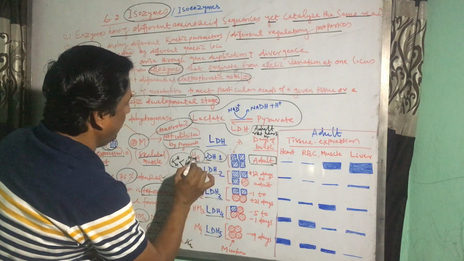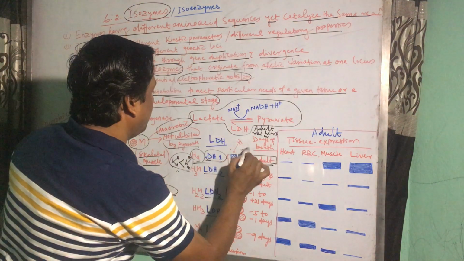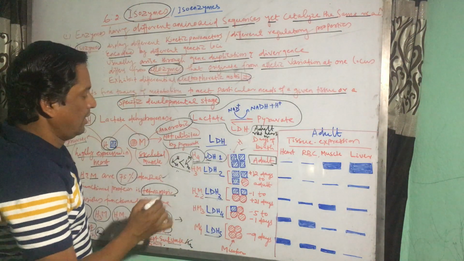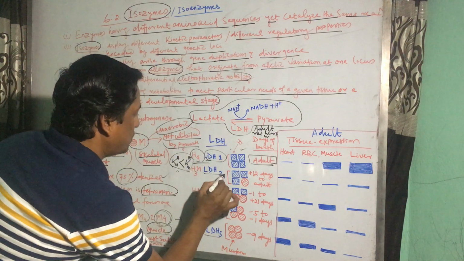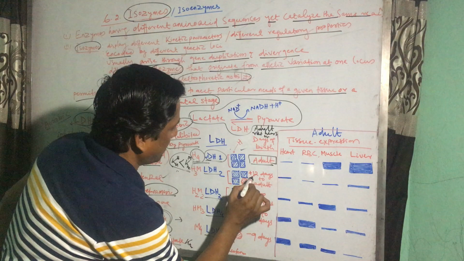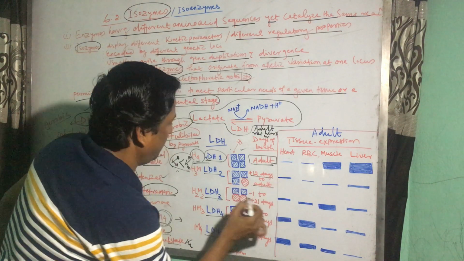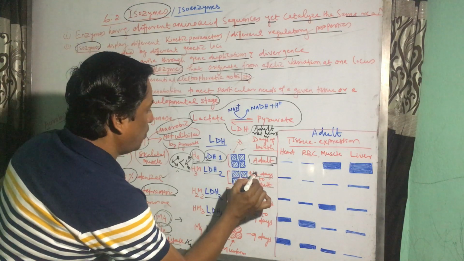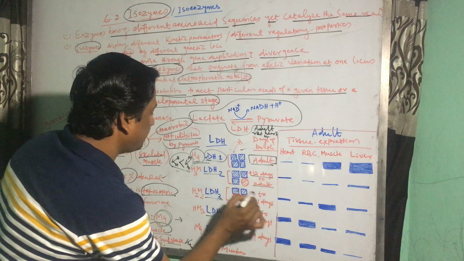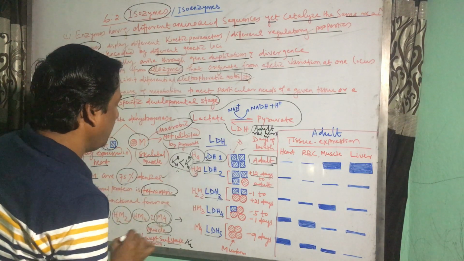LDH1 has all H type peptides, and similarly LDH2 is found in rats who have developed from 12 days to adult. They have 3 H forms and 1 M form.